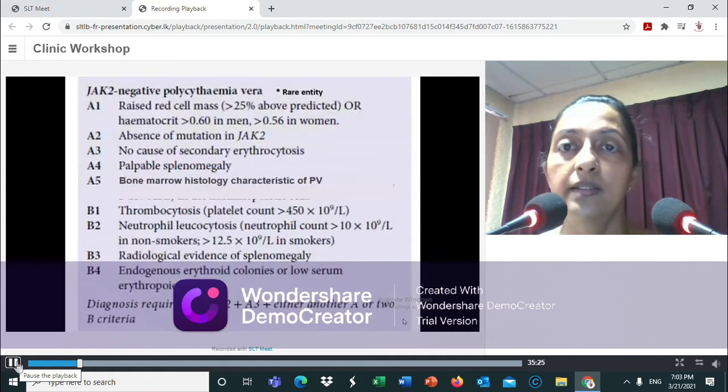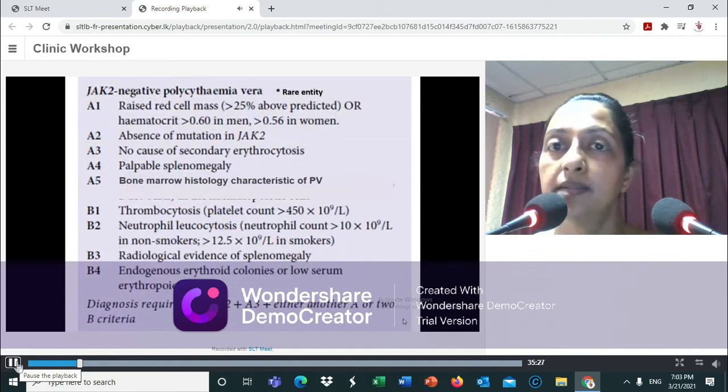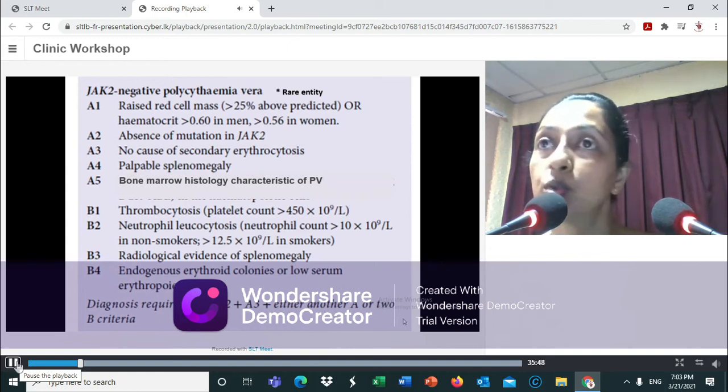Then JAK2 negative polycythemia, this is a rare entity. As you know, 95% are JAK2 V617F mutation positive, and around 1 to 3% are exon 12 mutation positive. Then the remaining small percentage comes under JAK2 negative polycythemia.